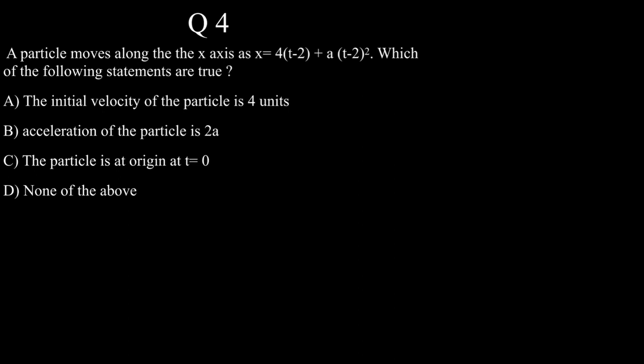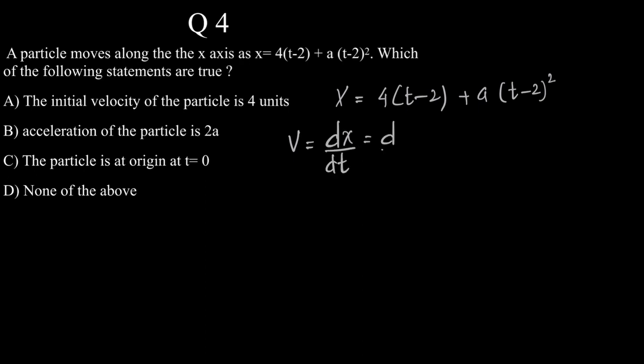Let's see. So what's given is x is equal to 4 into (t minus 2) plus a into (t minus 2) the whole square. In which case, what is velocity equal to? This will be equal to d by dt of x, which is equal to d by dt of 4 into (t minus 2) plus d by dt of a into (t minus 2) the whole square.